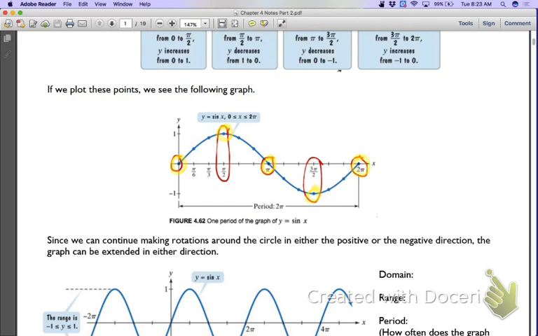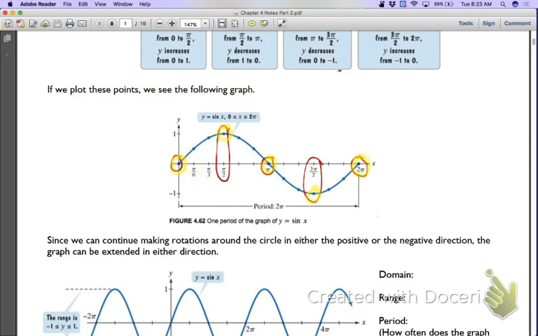Not to say that we can't graph where, like, we could obviously graph where pi over 6 is, because it's 1/2. Realistically, though, do we want to graph 1/2 every single time? Probably not. Okay?